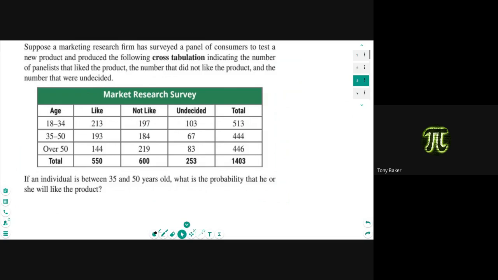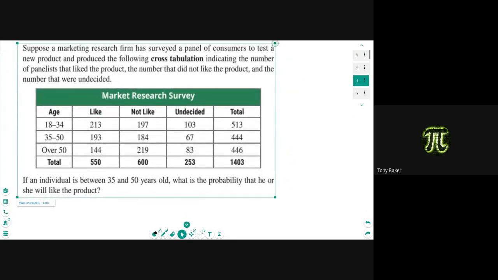You're one step ahead of me because that's the next piece. We were looking at it as out of the entire total, so we wanted that piece right there, and it was out of that total part down the bottom. That's what we did last class. The other thing we did was ask, what is the probability that they're 18 to 34 years old or they like the product?